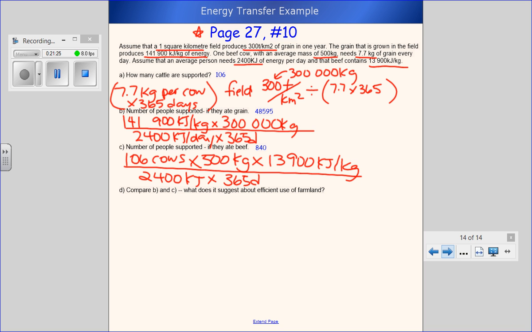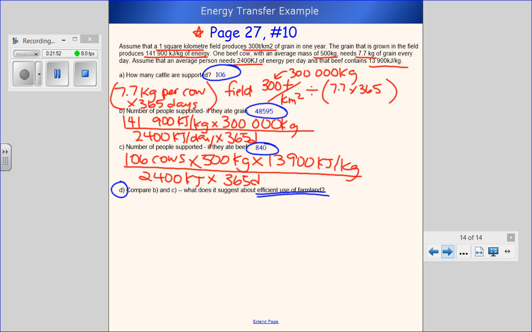What is crucial is that we look at what the answers are showing us. 106 cattle are supported. If people ate grain, a whole city could survive. If people ate beef, 840 people could survive. So what we're asking is, what seems to be the more efficient use of farmland?